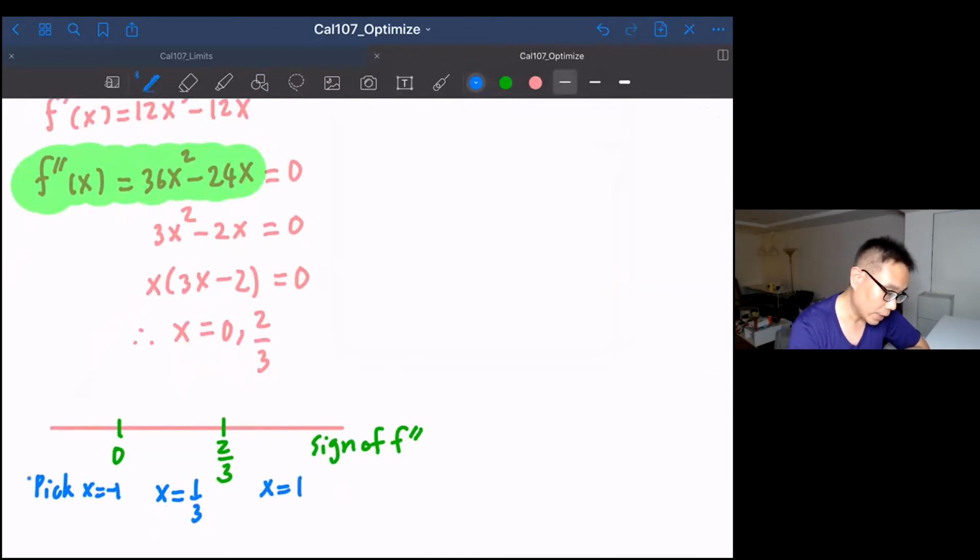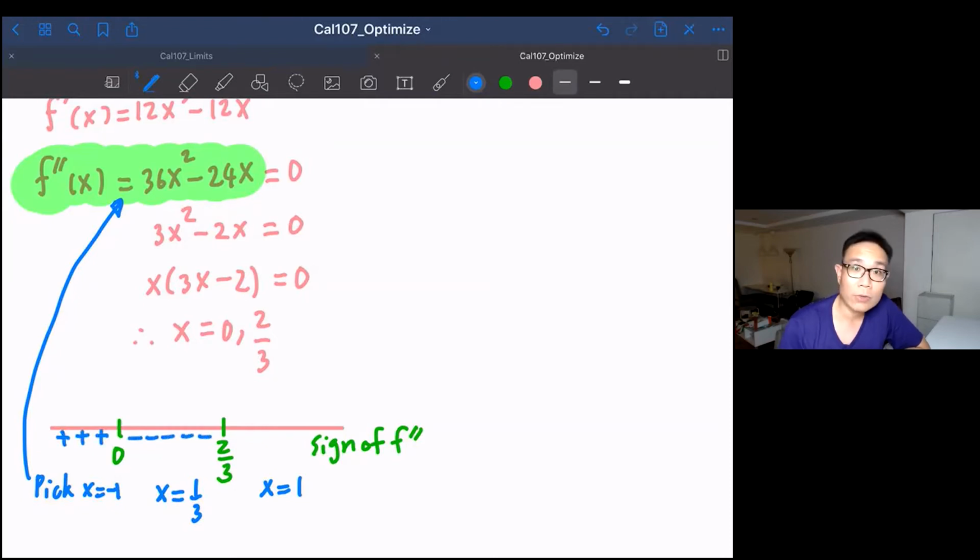We plug into the second derivative that we have here, and you see that the sign turns out to be positive in the first interval, negative in the middle interval, and positive in the last interval.